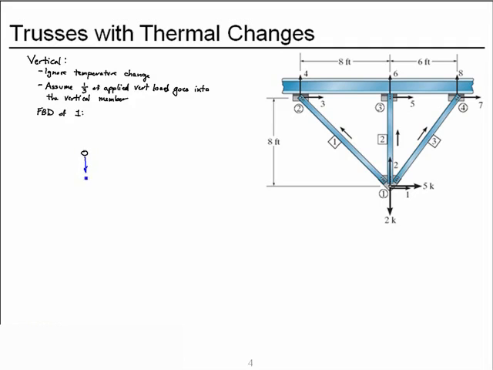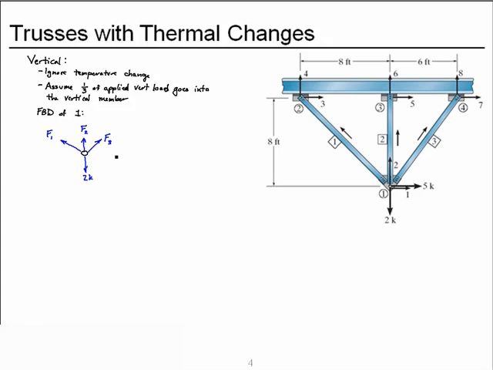We have our downward force of 2 kips, unknown force in member 1, unknown force in member 2, unknown force in member 3. Remember, these 3 forces are not the same as the ones we just calculated because these are due to just the 2 kips and not the 5 kips.